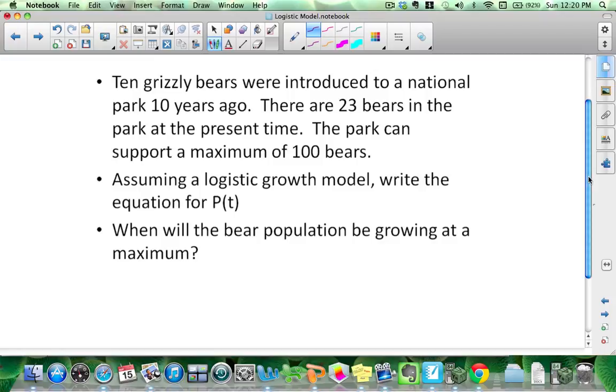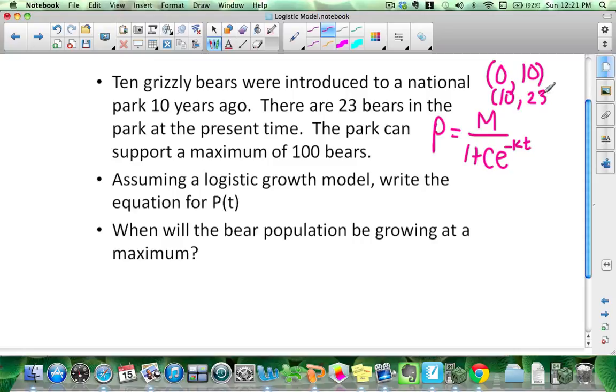Okay, when I solve, I get P is equal to the carrying capacity over 1 plus C e to the negative KT. The points that I have are time 0, 10 bears, and 10 years later, 23 bears. All right, so I can immediately plug in my carrying capacity, which is 100 over 1 plus C e to the negative KT.